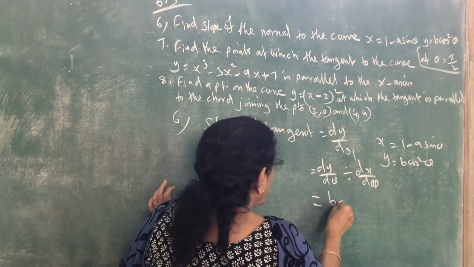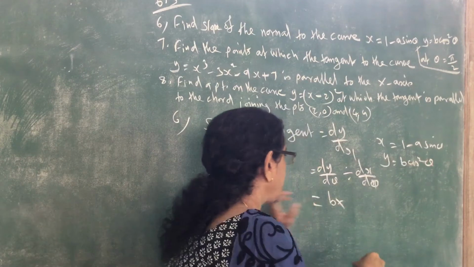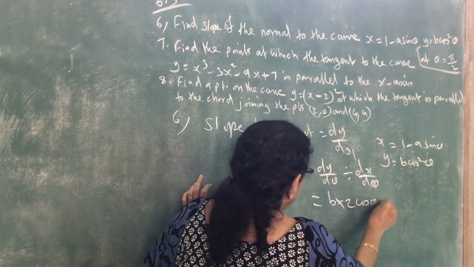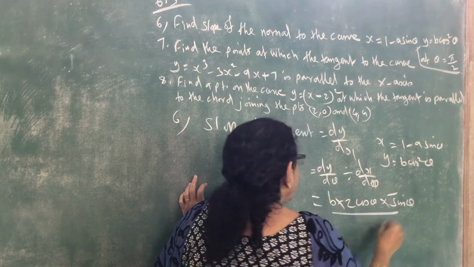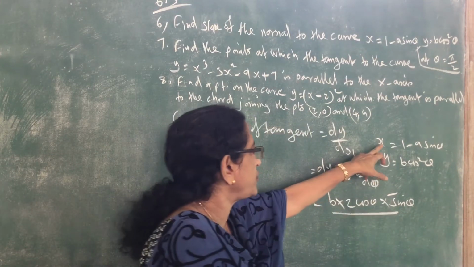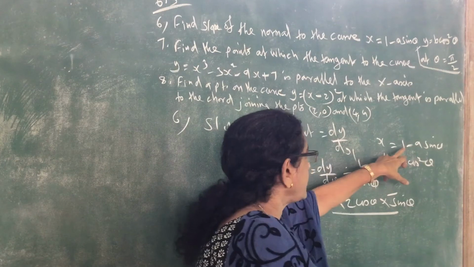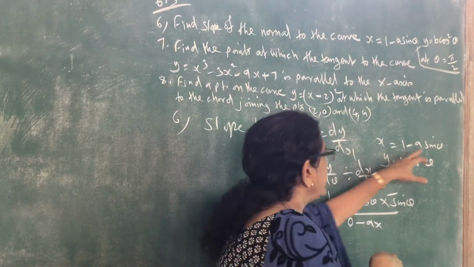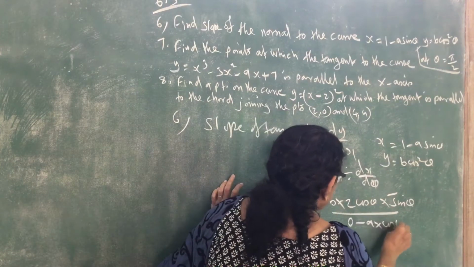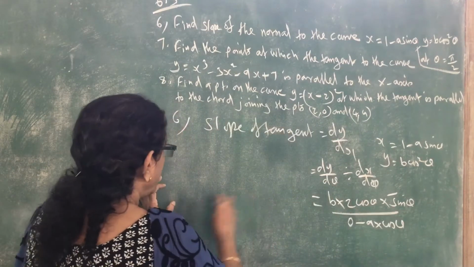That is b into derivative of cos square theta, that is 2 cos theta into derivative of cos theta, that is minus sin theta, divided by dx by d theta, derivative of x with respect to theta. Derivative of 1 is 0, minus a into derivative of sin theta, that is cos theta.